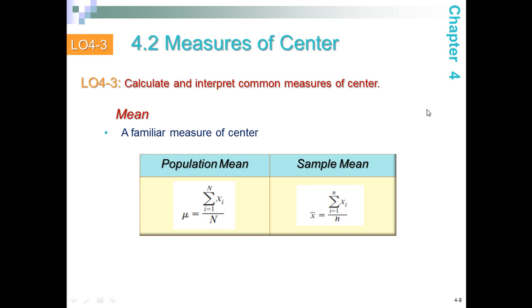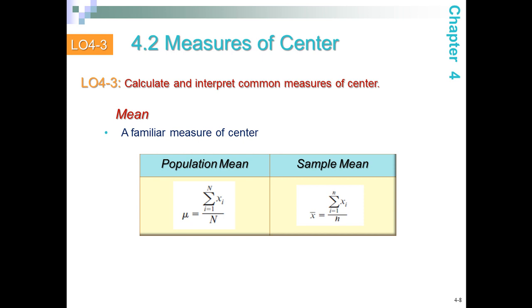So the first measures that we're going to talk about are measures of center, and this is what we call the first moment. And there are two different versions of this: a population mean and a sample mean. Just like we showed a minute ago, the characteristics of the population are the parameters. That would be mu on the left here, and the sample characteristic is x bar. And notice that the formulas are very similar, except for what's the difference?